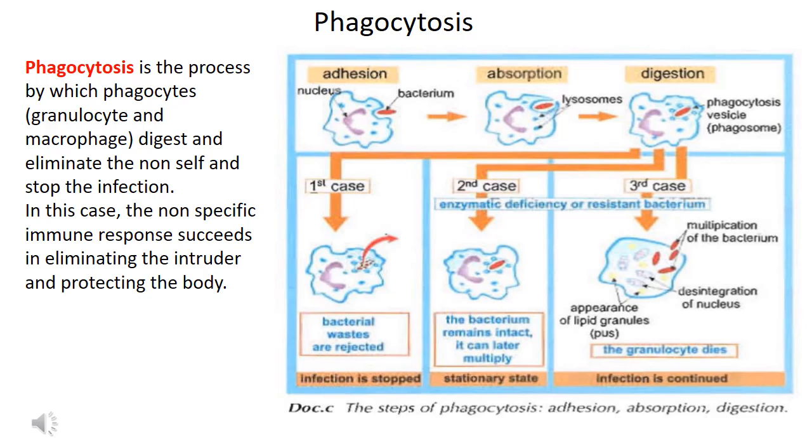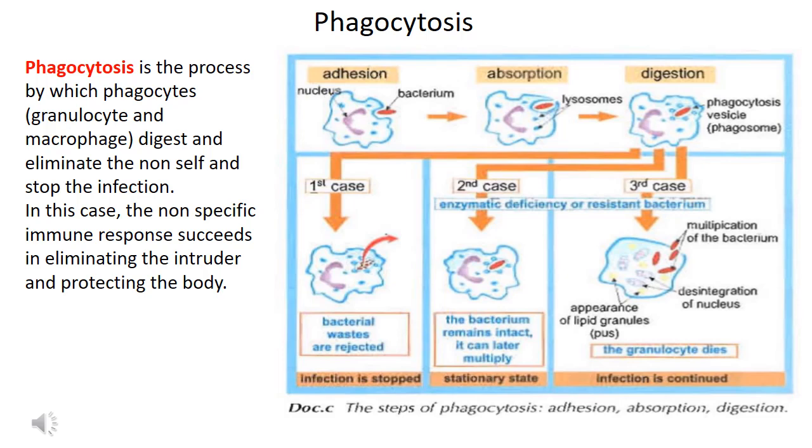What happens? 3 possible outcomes. In the first case, the enzymes degrade the microbe and the wastes are eliminated. So, the infection is stopped. The enzymes, of course, are found inside the lysosomes that surround the microbe.